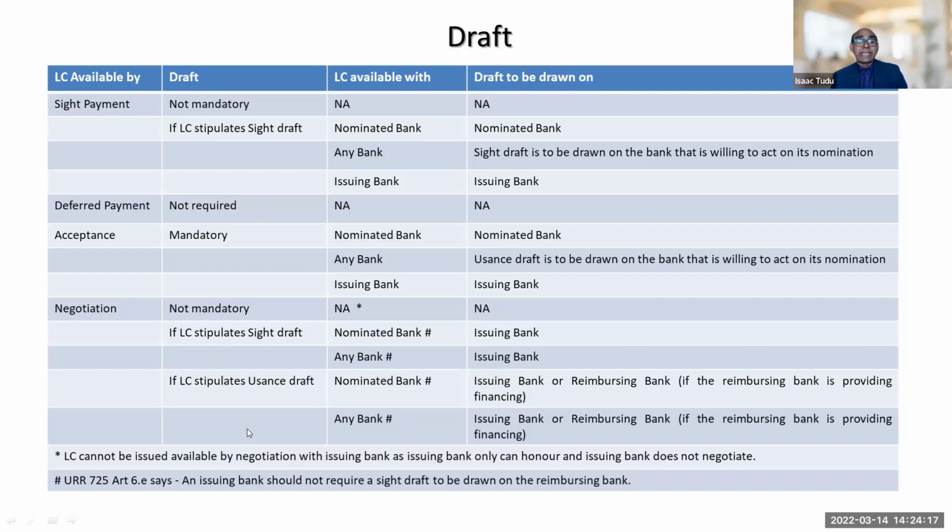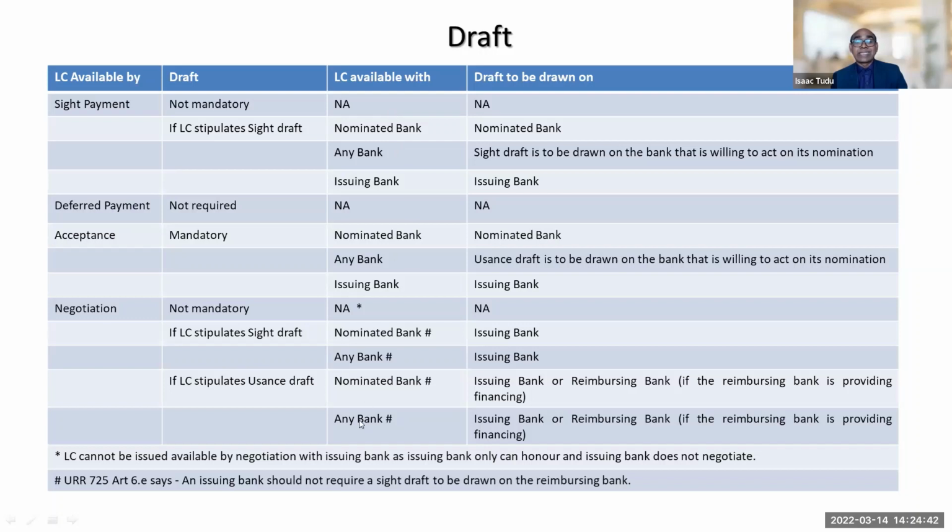If LC is available by negotiation and if LC stipulates a usance draft, LC available with nominated bank, in most cases the draft is to be drawn on the issuing bank. But a few times we can observe that the draft also can be drawn on the reimbursing bank if the reimbursing bank is providing financing.